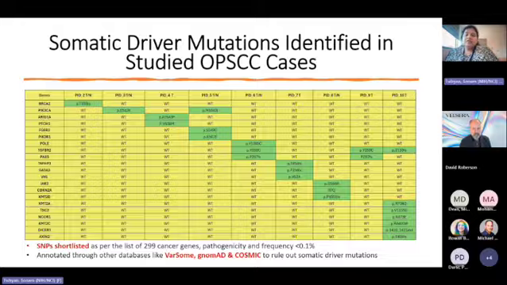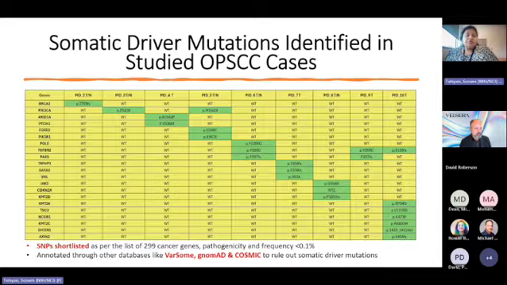PIK3CA is a gene that encodes a protein p110 alpha, which is a subunit of an enzyme called PI3K, and which has a great role in cell growth, survival, and migration. And mutations in this gene can lead to uncontrolled cell growth.